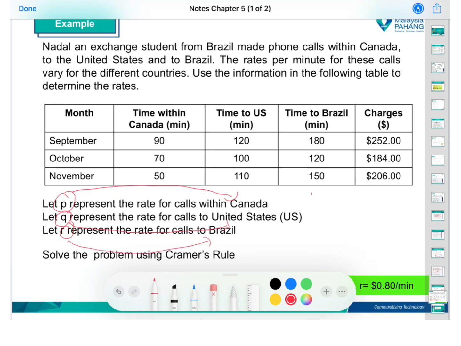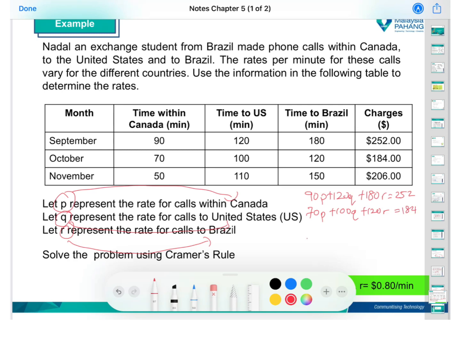So we have 90P plus 120Q plus 180R equals 252. And in October, we have 70P plus 100Q plus 220R equals 184.